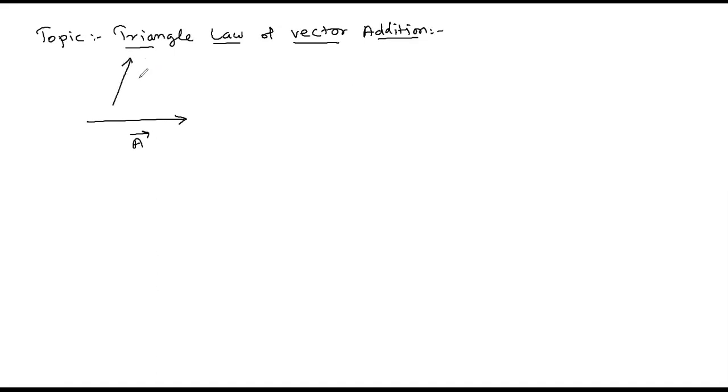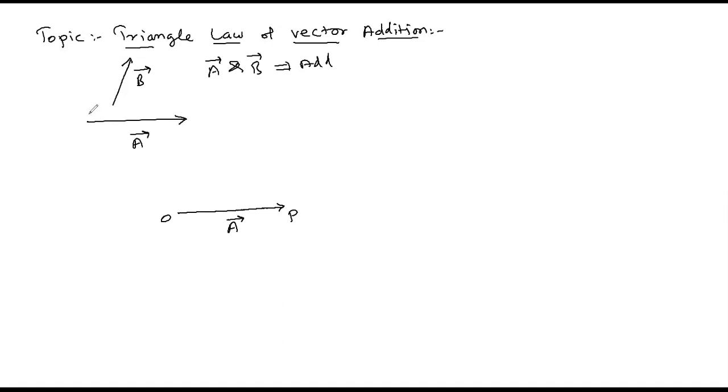Then suppose you want to add these two vectors, vector A and vector B. If you wish to add these two, then we have to draw a vector OP equal and parallel to vector A. That means I will draw vector OP equal and parallel to this A.